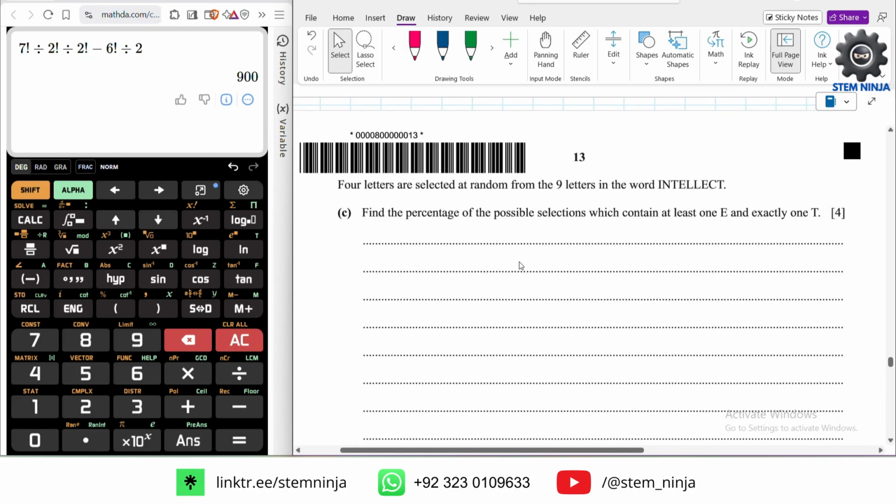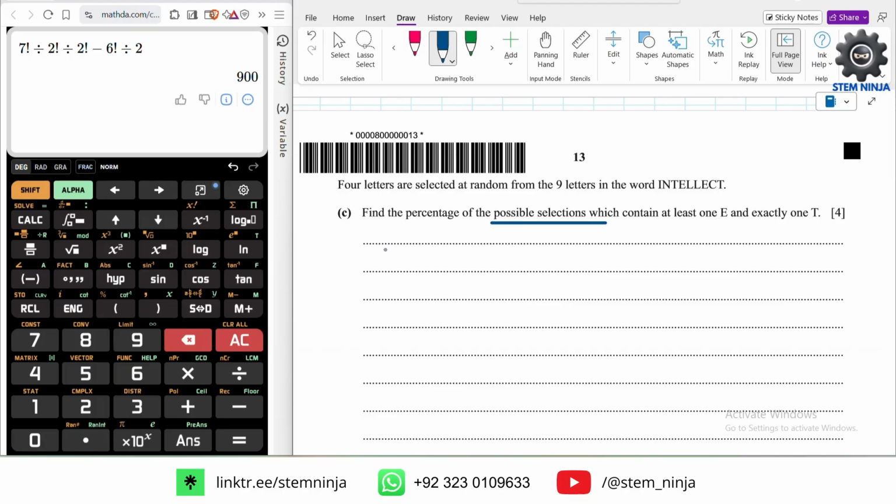Okay. 4 letters are selected at random from the 9 letters in the word intellect. Find the percentage of possible selections which contain at least one E and exactly one T. So let's make a table for that.